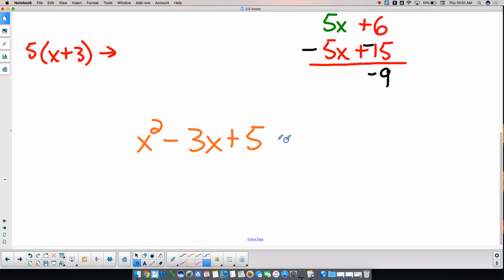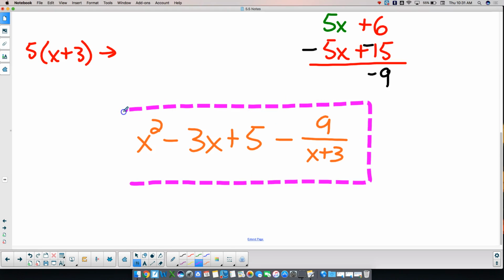And then if you wanted to go minus 9 over x plus 3, that's fine. You could have also gone plus negative 9 over x plus 3. Okay? Rinse, lather, repeat.